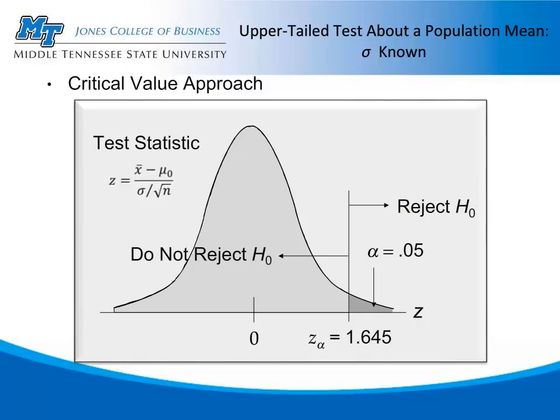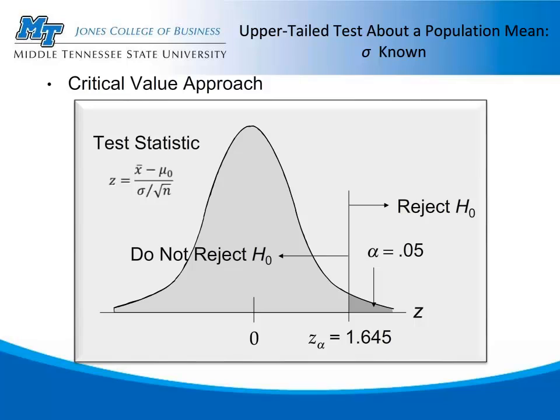Now we don't have a computed value. You can figure out what the critical value is without knowing the computed value. But you cannot figure out the p-value unless you know the computed value. The p-value is determined from the computed value. The critical value is determined from the level of significance and what type of test it is.